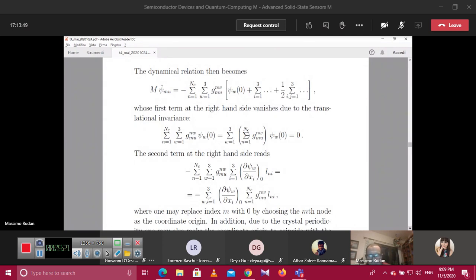You may remember when on Friday we discussed the linear monatomic chain. We found by a simple reasoning that the sum over the index of a single line of the elements is equal to 0, okay?